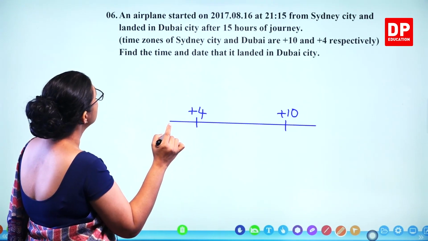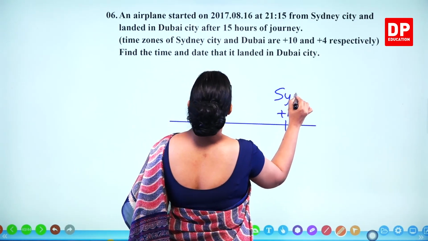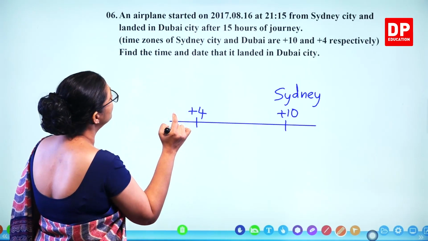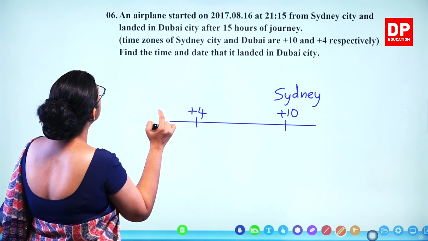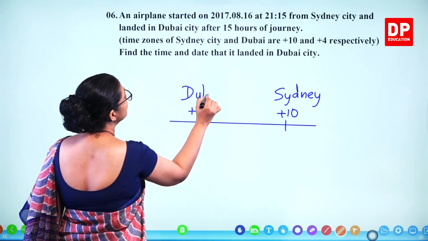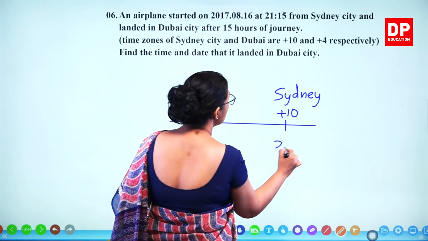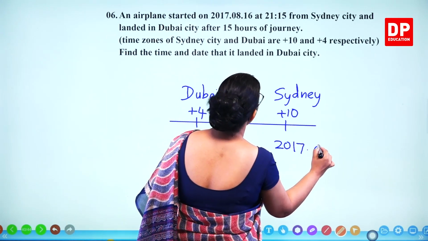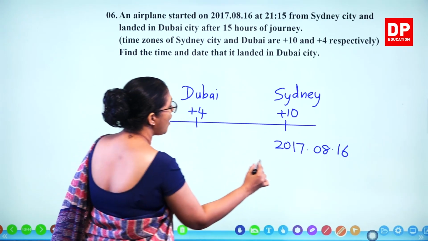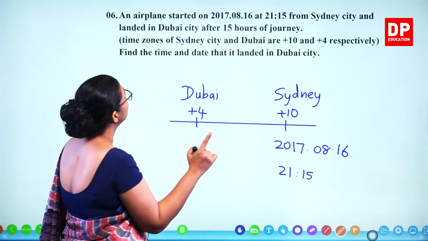+10 is Sydney. This is +4, Dubai. So what's the date here? 2017, 8/16, August 16, 21:15 hours.